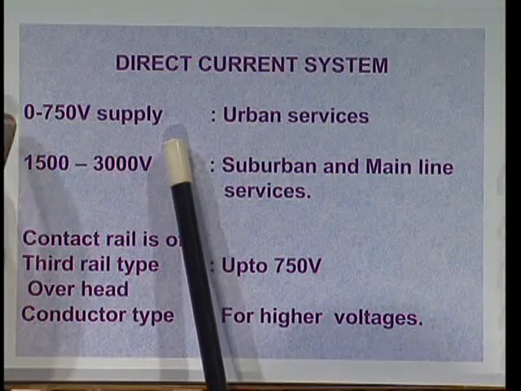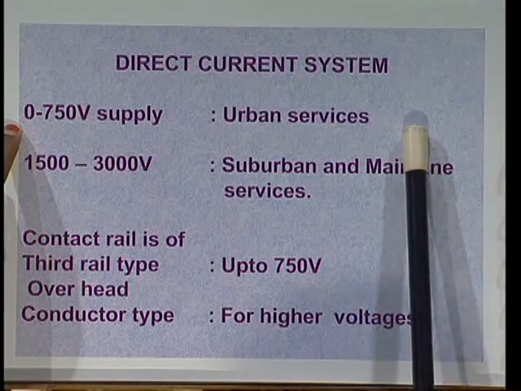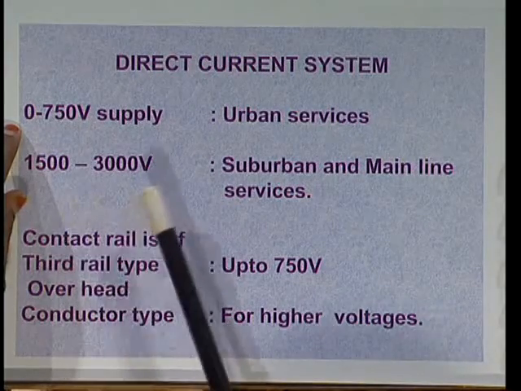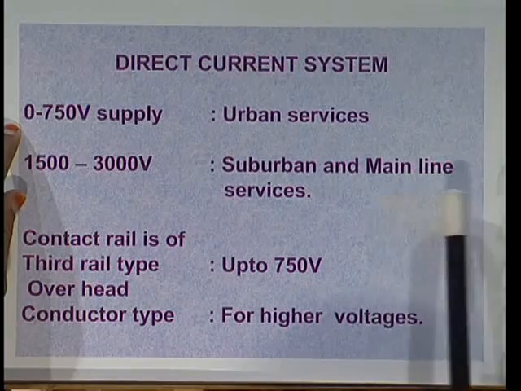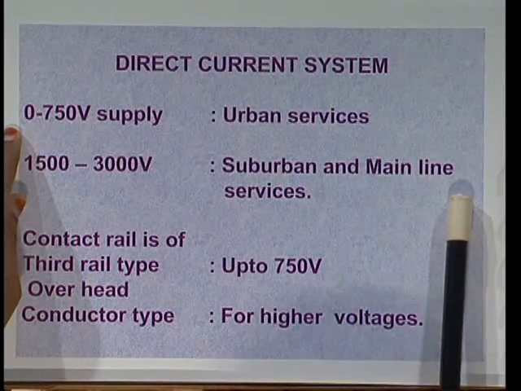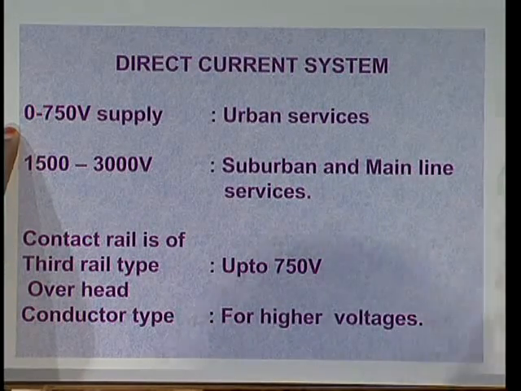In this system, the contact rail may be of the third rail type or an overhead conductor type. The third rail type is used for low voltages and the contact wire is used for higher voltages.